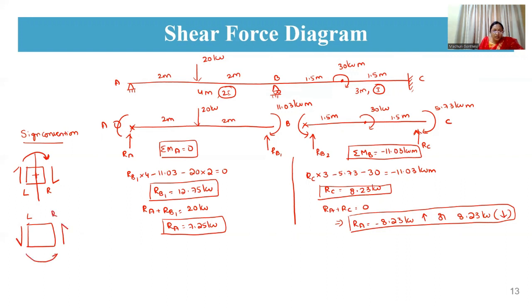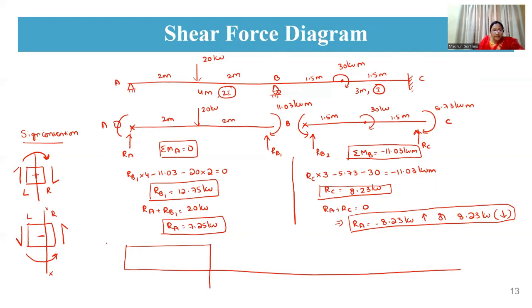So which is of anti-clockwise direction. So that means the sign convention will be negative. So by considering here, RA is upward only, RB1 is upward only. So which is of simply supported. So here, as it is a simply supported, you can just draw.